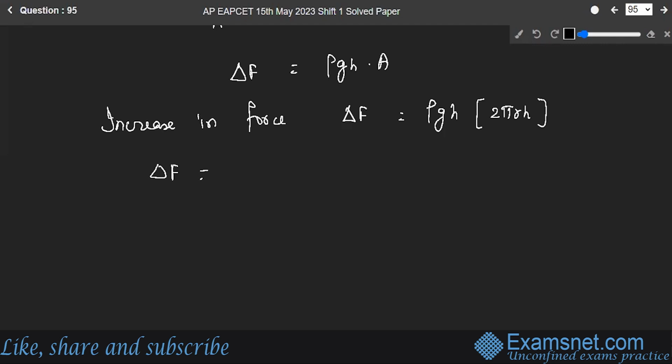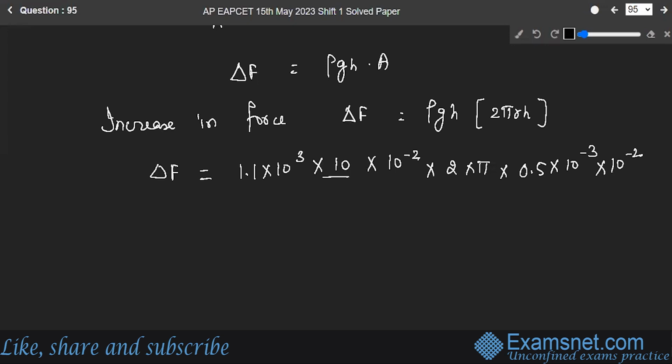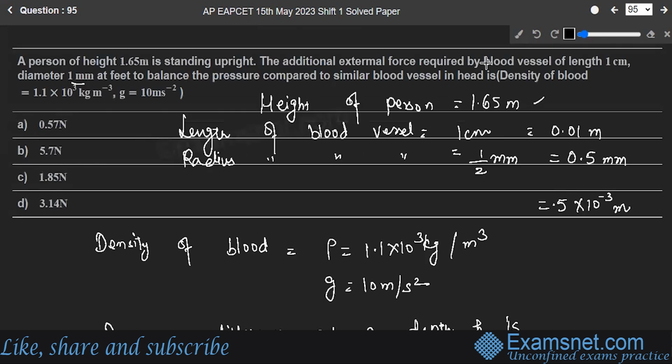That means the increase in the force is given by 1.1 into 10 raised to power 3 into 10, that is G, into height, that is 10 raised to power minus 2, into 2 into pi into R, which is 0.5 into 10 raised to power minus 3, and H is this again. On solving this, you will get delta F is equal to 0.57 Newton. That makes option A the right answer.